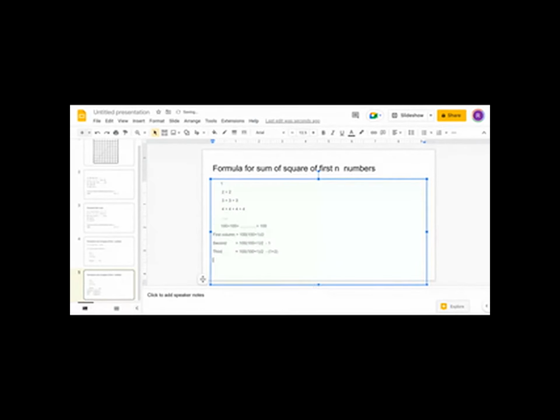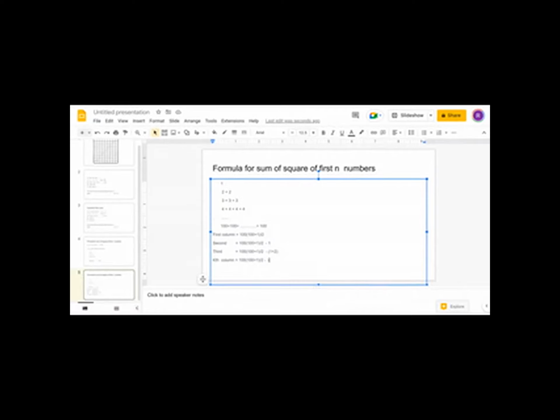Someone tell me a general formula for the kth column. What is the general formula for the kth column? It will be 100 into 100 plus 1 divided by 2. And what should I subtract from here? Will it be just minus k?